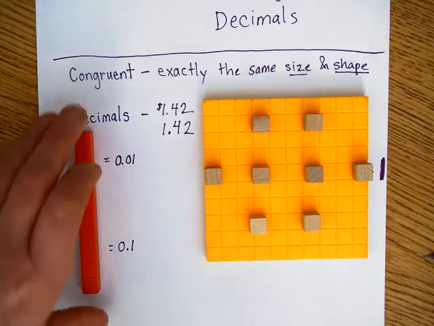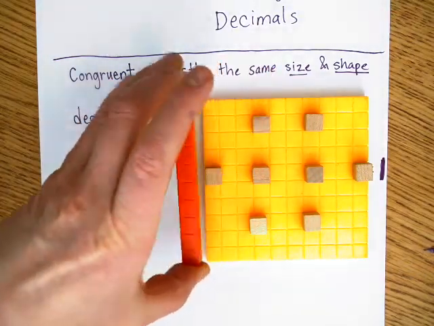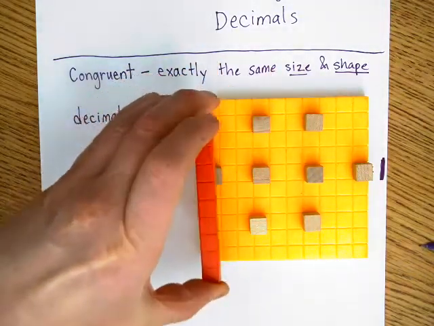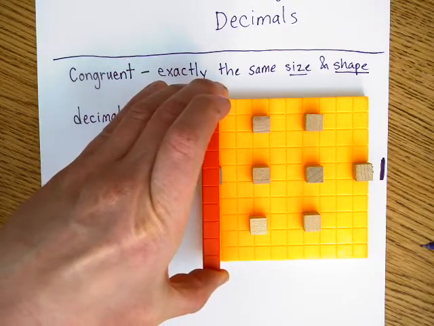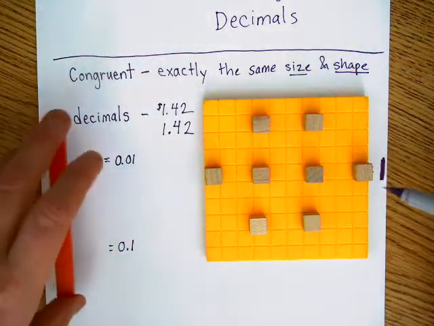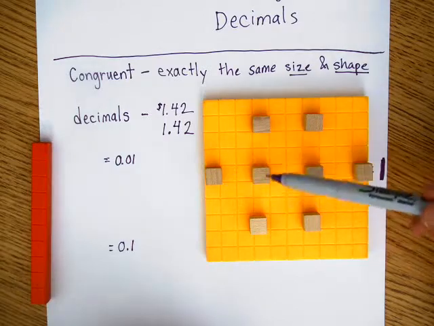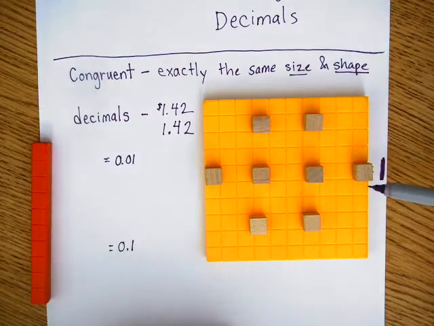Before, when we counted it, the blocks were right in a row, right? The small blocks were right in a row, or they were together as a long. But these are not right in a row anymore. So they have to be able to count 1, 2, 3, 4, 5, 6, 7, 8.